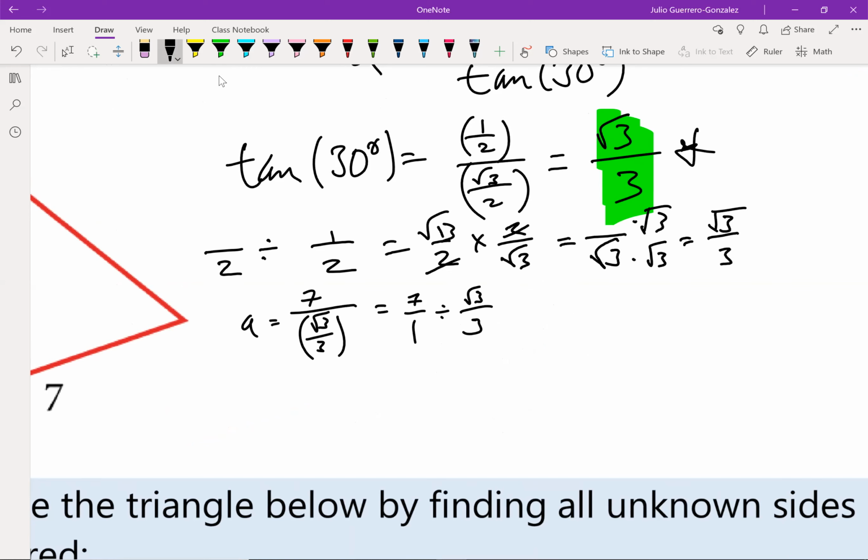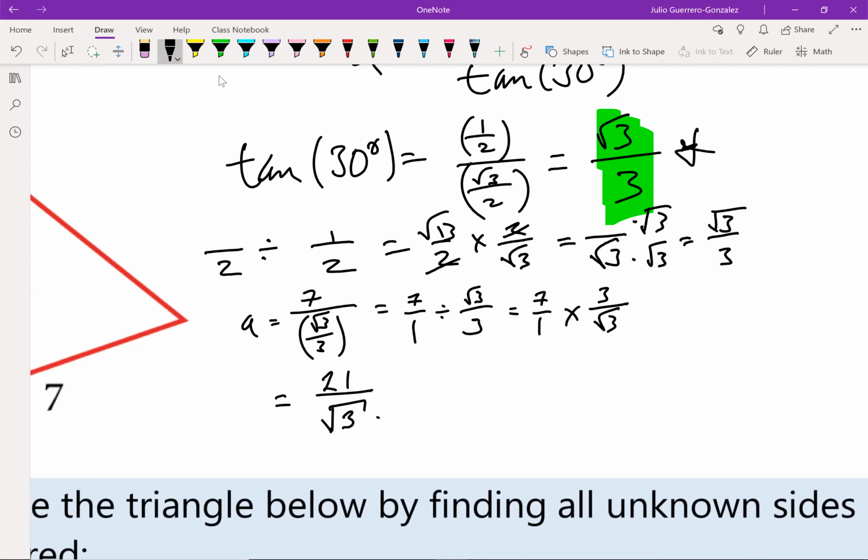Okay. I can do 7 over 1 times, I can flip the second one, 3 over root 3. Here's where I get my 21 divided by the square root of 3. I don't like square roots on the bottom. Nobody does.